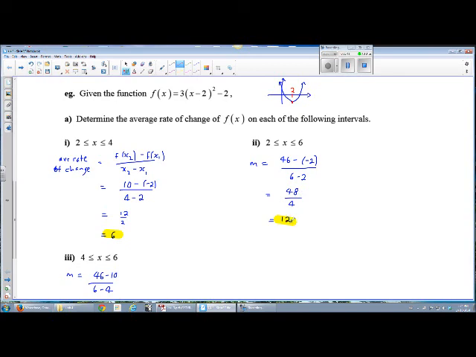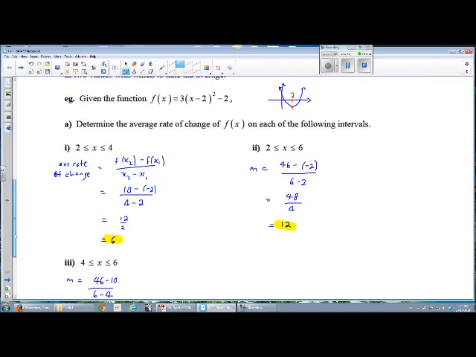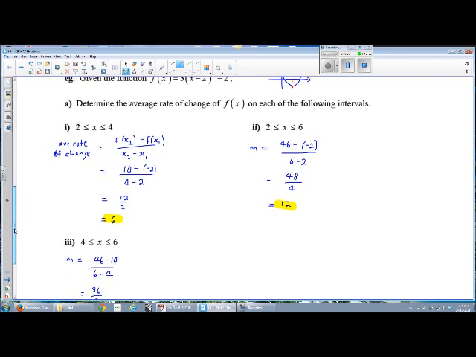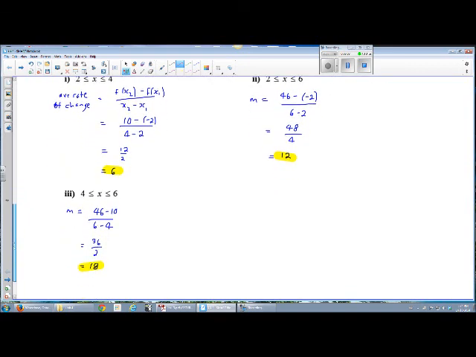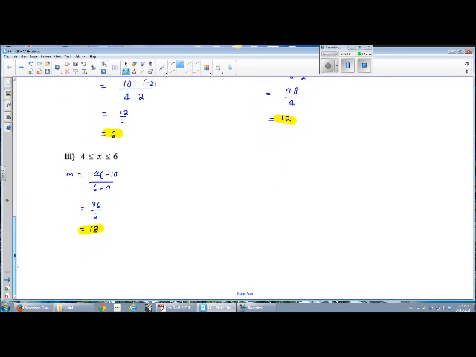And then when we go to this third interval, when x is between 4 and 6, we're going from 4 to 6, and it would look like it would be steeper if we could imagine a set of secants passing through that parabola at different points. Okay, so that kind of makes sense. All right, let's check out the next page.